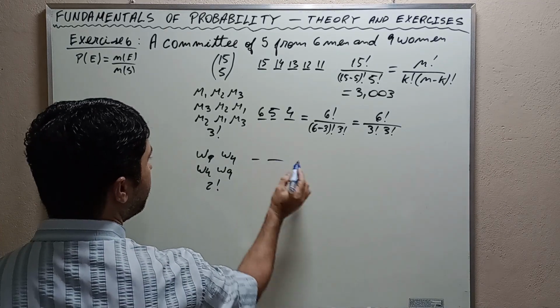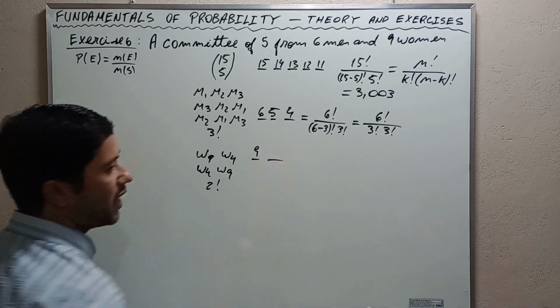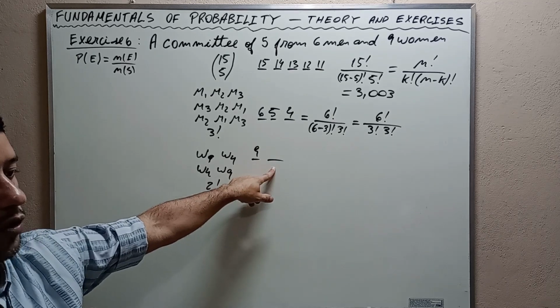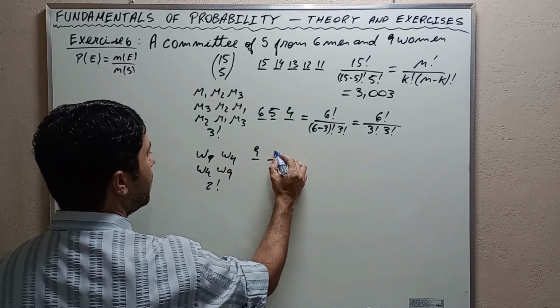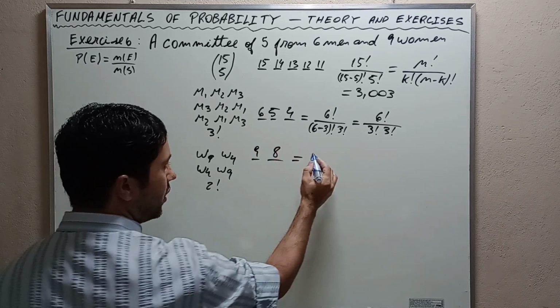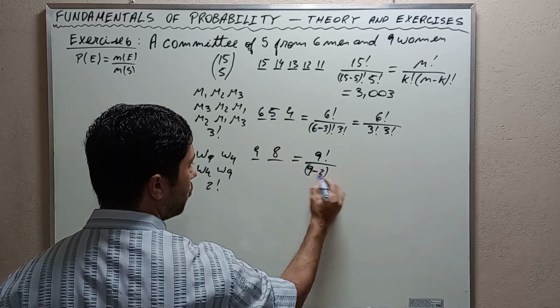We have 2 positions for women and 9 women in the group. For the first position, I have 9 possibilities. For the second position, I have only 8 possibilities, as 1 is already participating. And this multiplication is 9 factorial divided by 9 minus 2 factorial, okay?